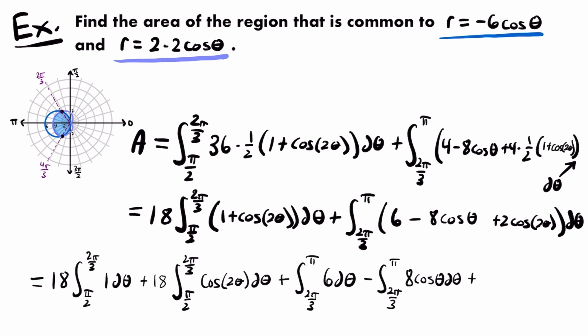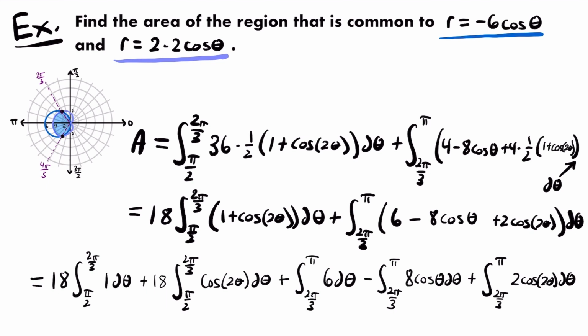And then finally we have plus the integral from 2 pi divided by 3 to pi of 2 cosine of 2 theta d theta.